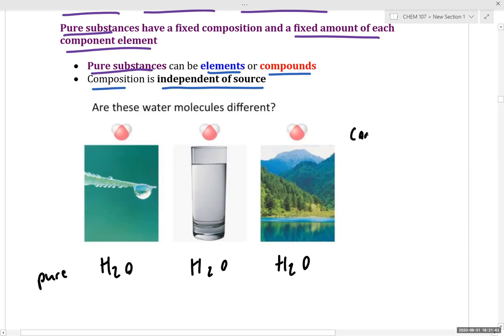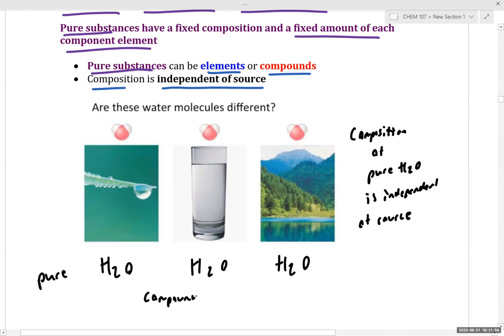The composition of pure water is independent of source. Why? Because water is a compound and it is also a pure substance. So the composition of a pure substance, of a pure element or compound, is independent of source.